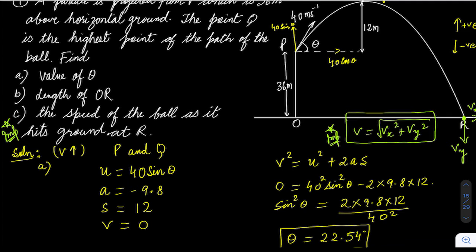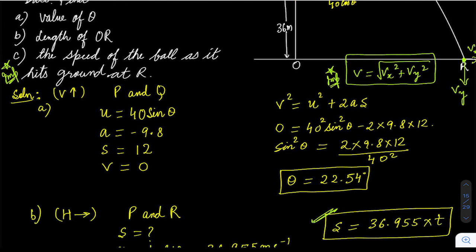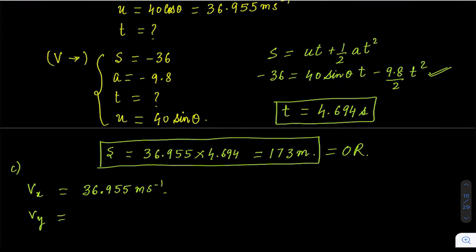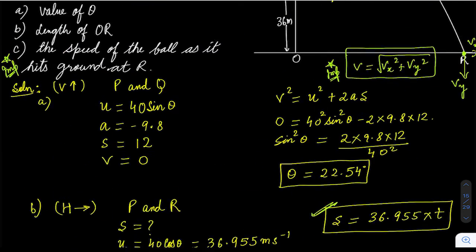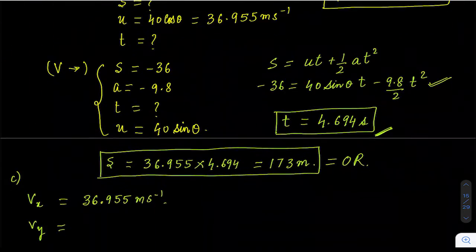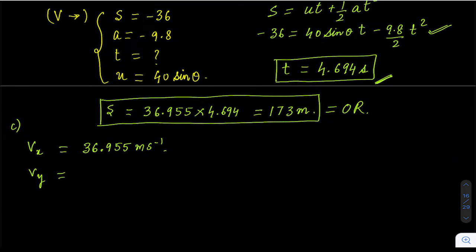What are the values that I know? So I know the time taken from P to R. So time taken from P to R is 4.694. Okay. So what I can do is, in y direction, I am applying vertical motion equations.